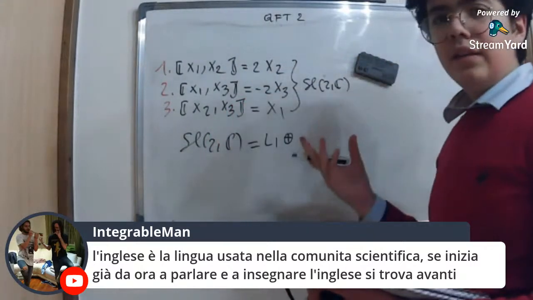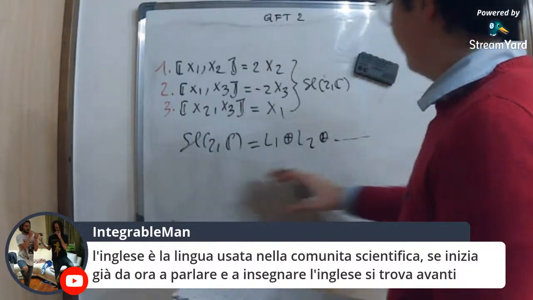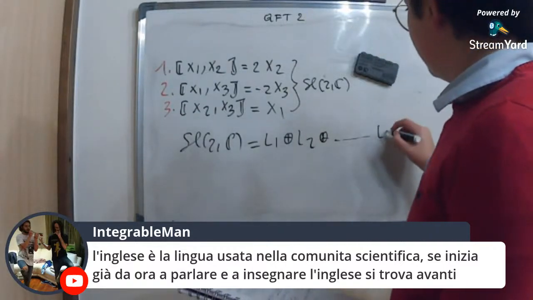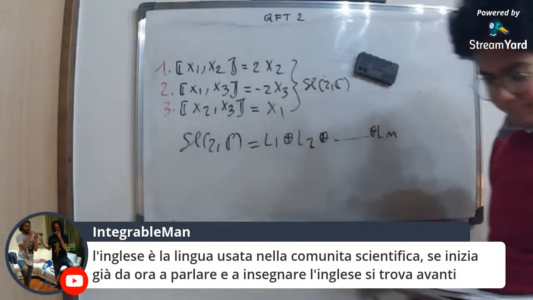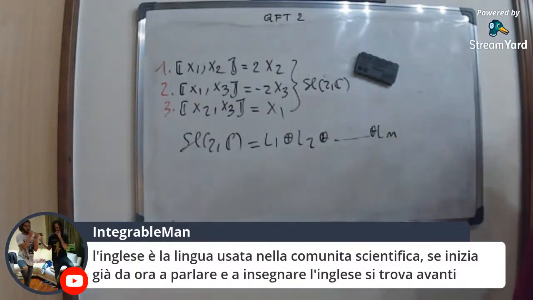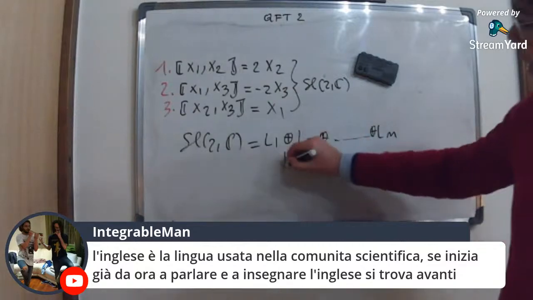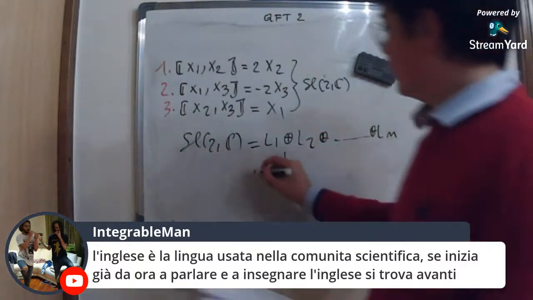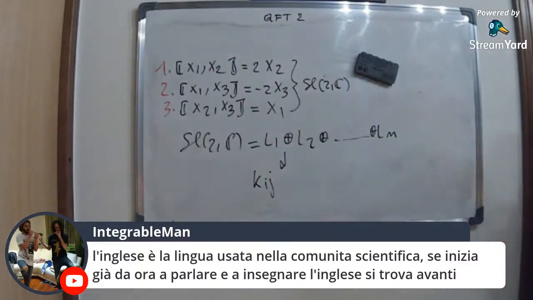Yesterday we saw semi-simple Lie algebras. If a Lie algebra is semi-simple, the Killing form h_ij is non-degenerate. Okay, perfect.